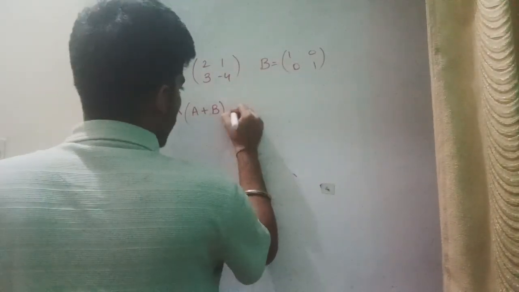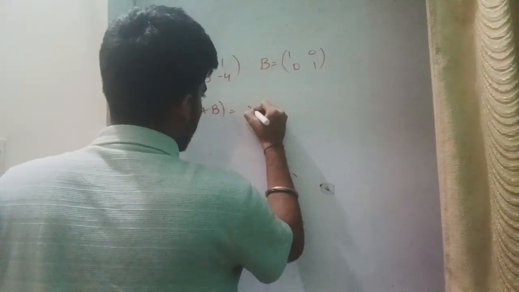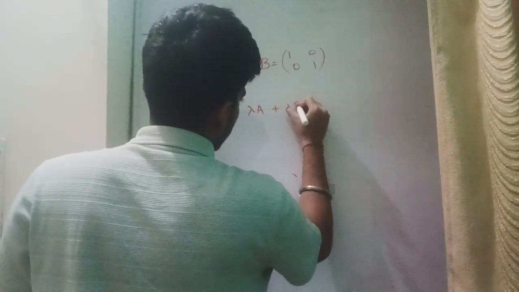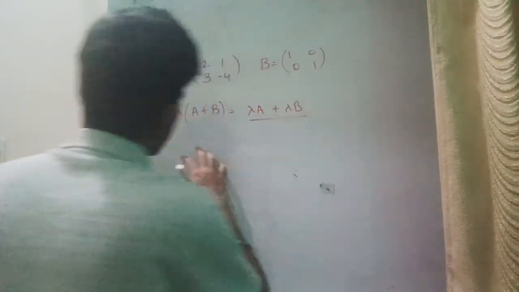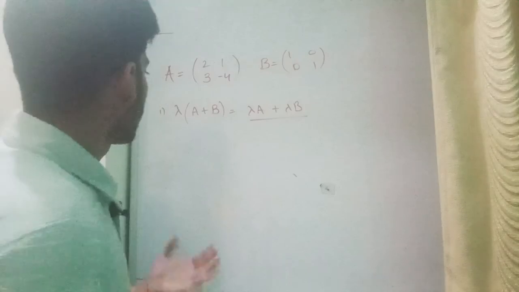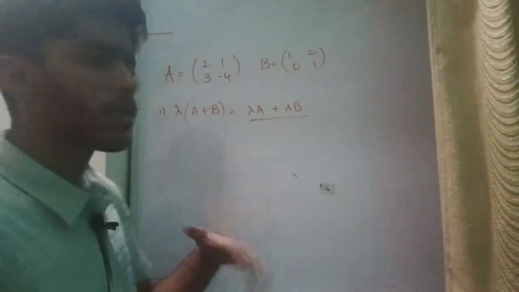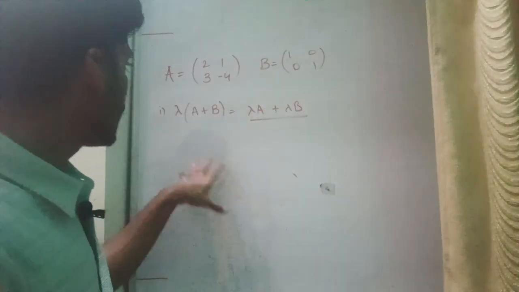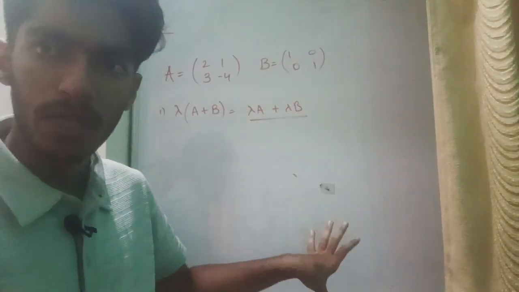According to this property, I can write it like this: lambda times A plus lambda times B, right? If you remember from your study of numbers in earlier classes, it's similar to the distributive property.